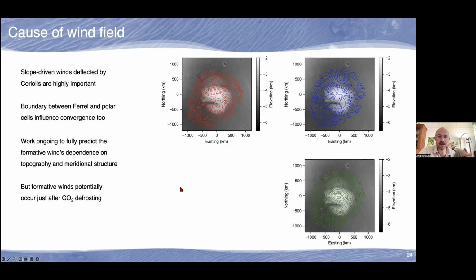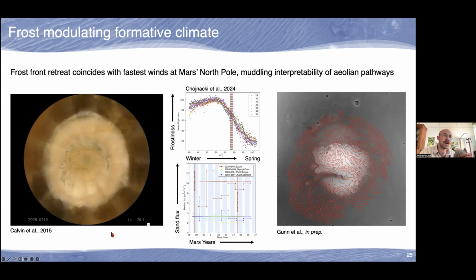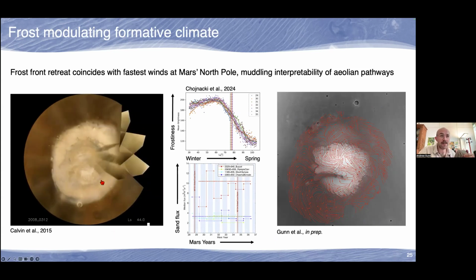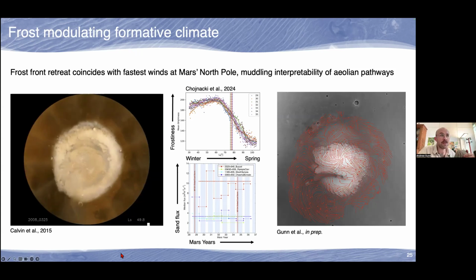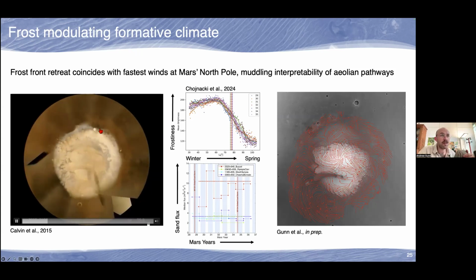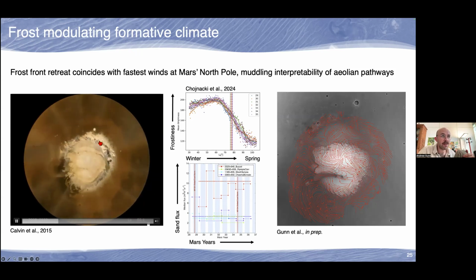And I think the reason is wrapped up in another threshold effect, which is due to the CO2 frost. So I'll show you a nice stitched together video from Marcy of as we go from winter into spring, the CO2 frost front, which is this big white area, retreats poleward and exposes the dark regions, which are the dunes.